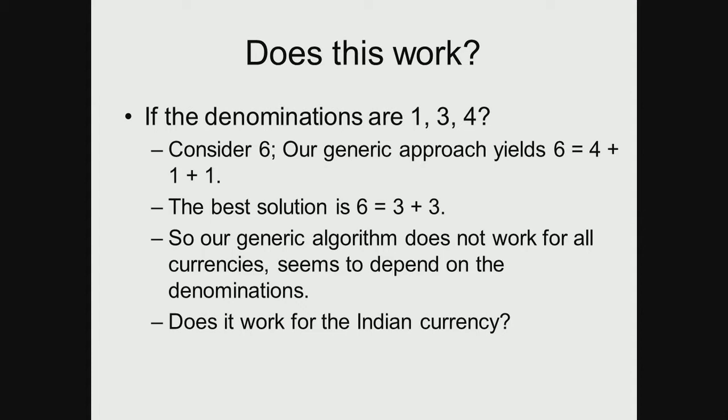On the other hand, it is clear in this very simple example that the best representation of 6 possible in this currency is 3 plus 3. Therefore, it is clear that this generic algorithm, which seems to be a very natural approach, does not work for all currencies. It seems to depend on the denominations.